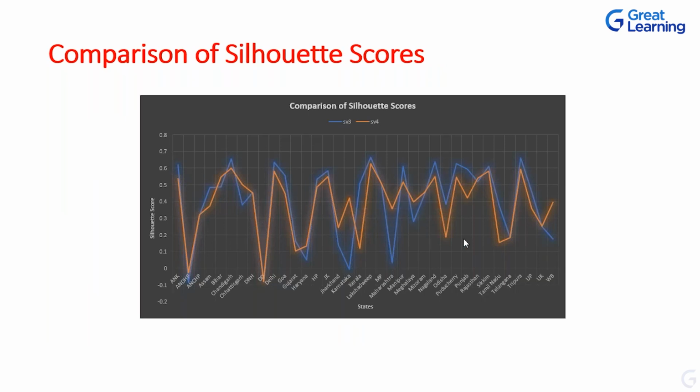You will not see this chart in any YouTube, any PDF, any PPT on net. This is very much original and innovative, where silhouette scores are compared with 3 clustering and 4 clustering. Blue stands for 3 and orange stands for 4. Now, you can see that spikes are upside with regard to blue line. And this indicates that in 3 clusterings, silhouette scores were better and they were improved.